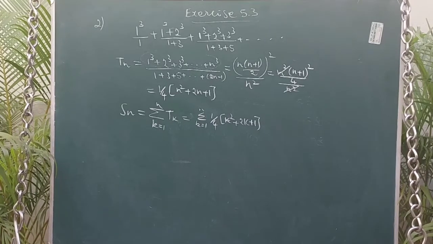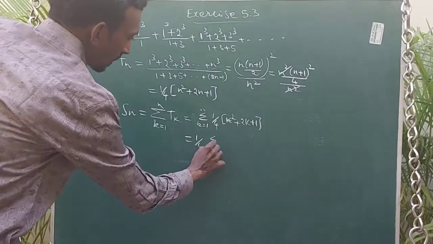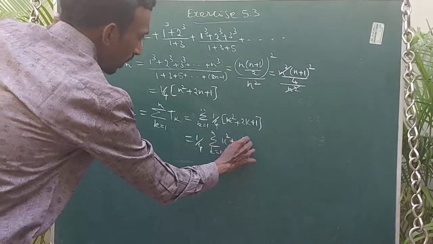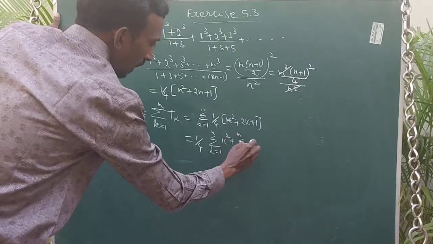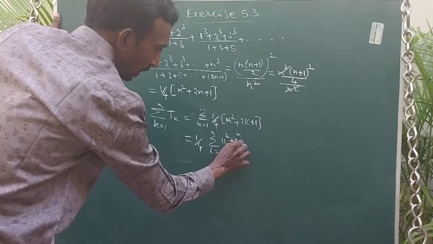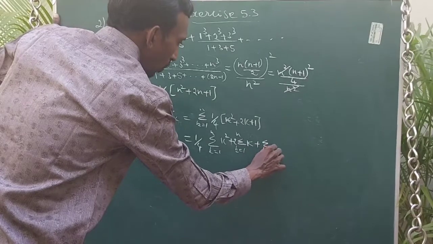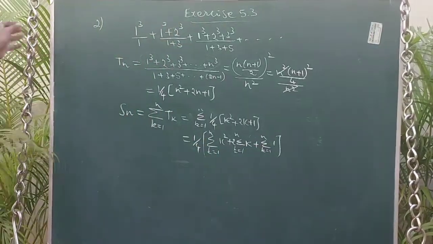It is a single summation, so separate it into 3 summations. 1 by 4 is a constant, we can take it outside. So sigma k equal to 1 to n k square, plus sigma k equal to 1 to n 2k, or if you want you can take the constant outside, 2 into sigma k, plus sigma k equal to 1 to n 1. We can divide it into 3.